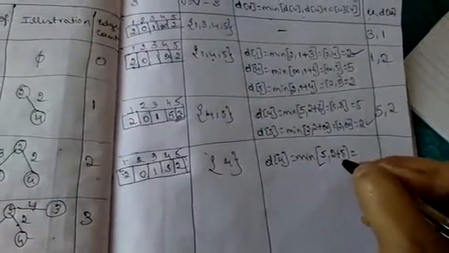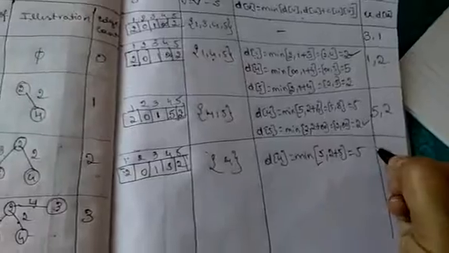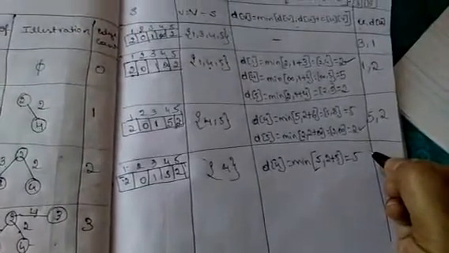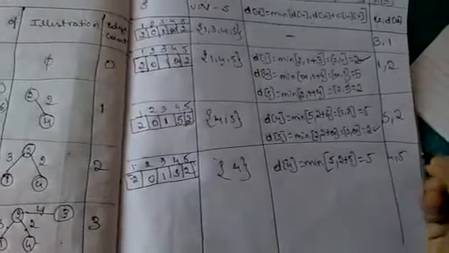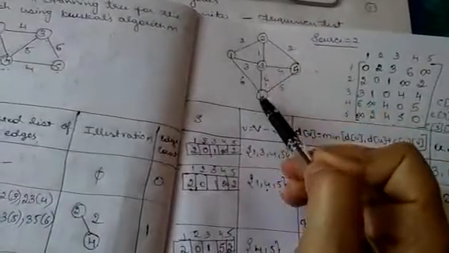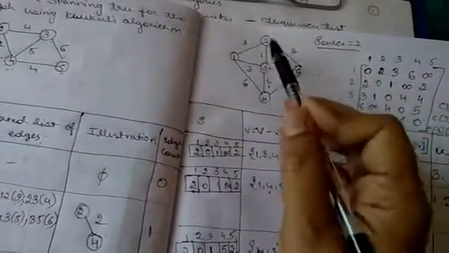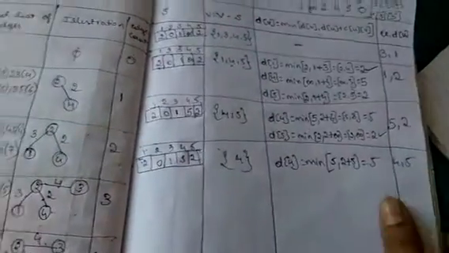So this is 5, 7. But which is minimum? 5 is minimum. Okay. So here only 1. From 2 to 4, the vertex is 5. The weight is 5. 2 to 4. See here, from here if I come it is 8, from here it is 7, from directly it is 5. So I have got 4 comma 5.